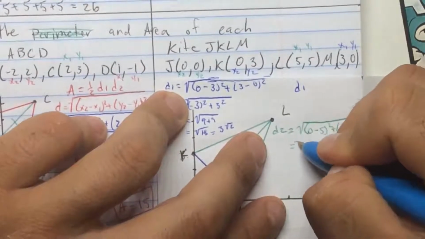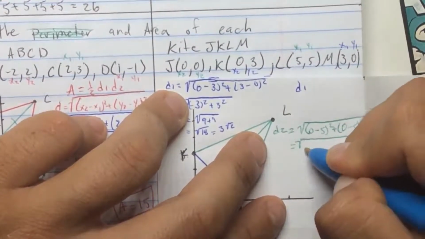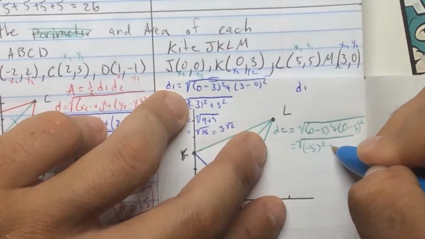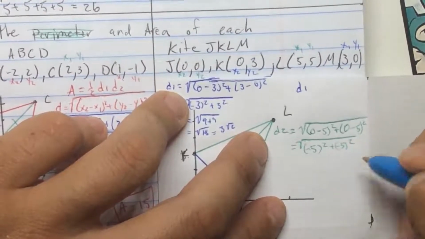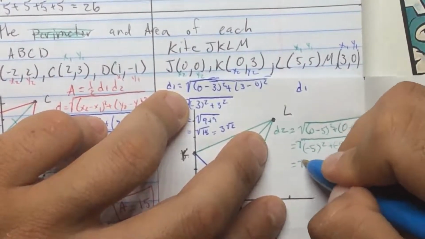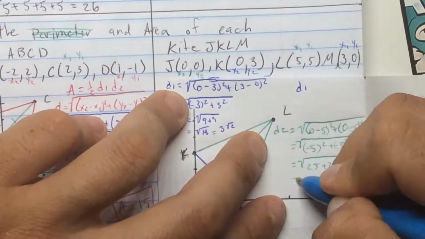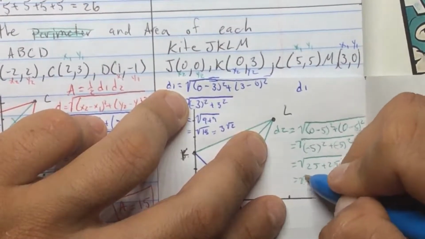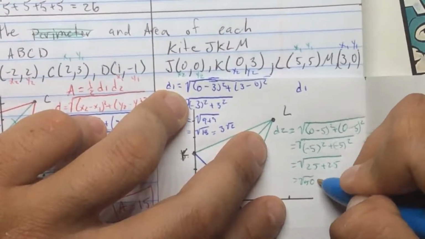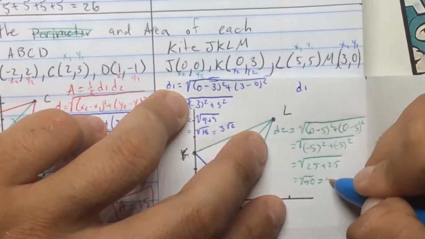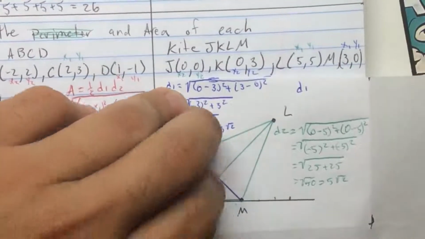This is equal to negative 5 squared plus negative 5 squared, which gives us 25 plus 25, which is equal to radical 50, or 5 radical 2.